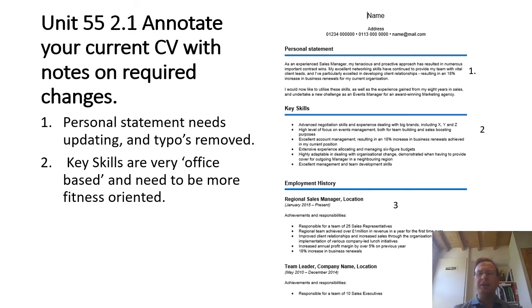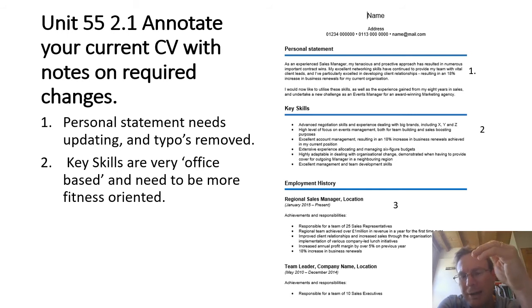Now, this is difficult because we're all doing it by distance, but most of you should have the capacity to either take a physical CV and just write numbers on it, or take an online version and just write numbers on that, and in the worst case scenario, just take a screenshot of it. What I've got on the right hand side is a picture, and I've just put numbers next to things that need changing.